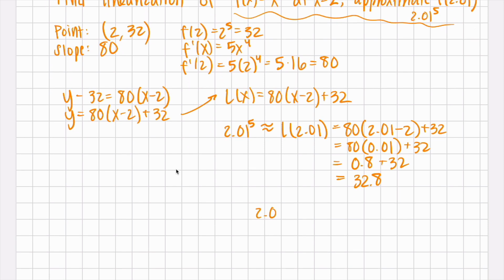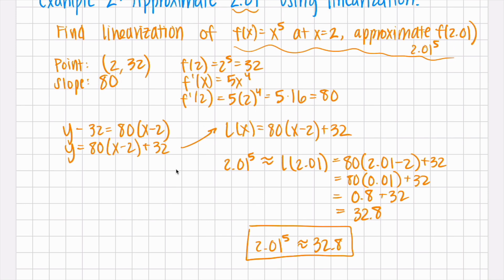So 2.01 to the fifth is approximately 32.8, and that would be our answer. And then just as a side note, if I do 2.01 to the fifth in my calculator, I get 32.8080401. So we're pretty close.